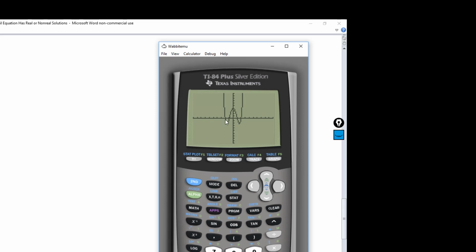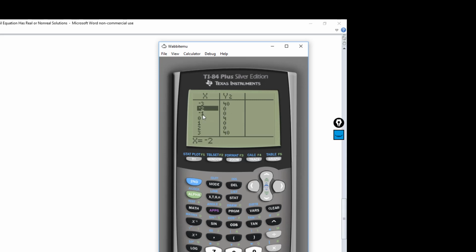Now the table will give you exact answers. So if I hit second, access the table, then you can see here when x is equal to minus 2, y is 0. So that's a solution of the equation. Notice at negative 1, you get 0 for the y. That's another solution.